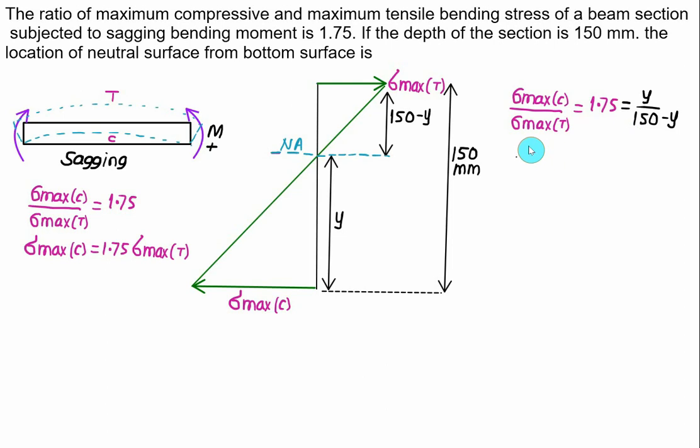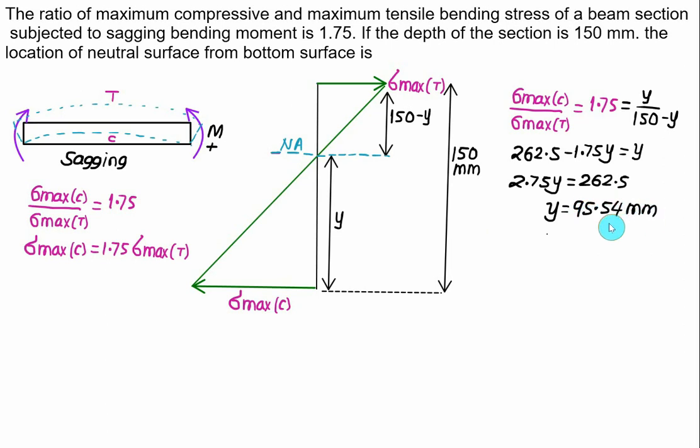Cross multiply, you will get the left hand side equal to 262.5 minus 1.75 times y, which is equal to y. That is, we have 2.75 times y equal to 262.5. So the y distance will be equal to 262.5 divided by 2.75, which is 95.54 mm. So our answer is 95.54.